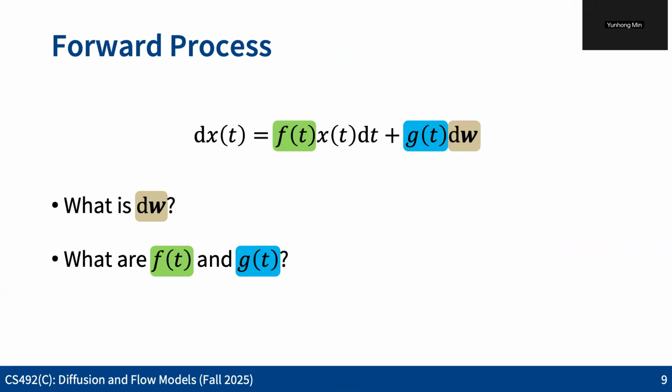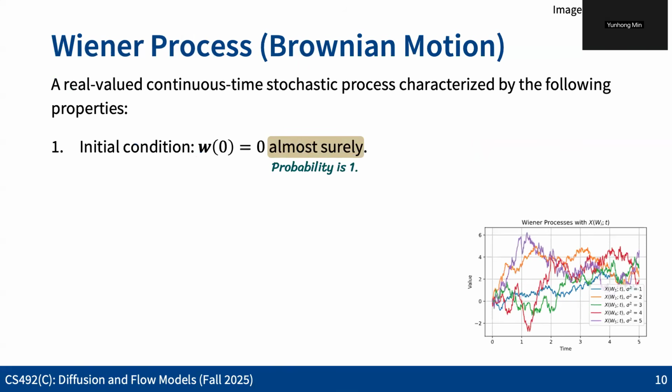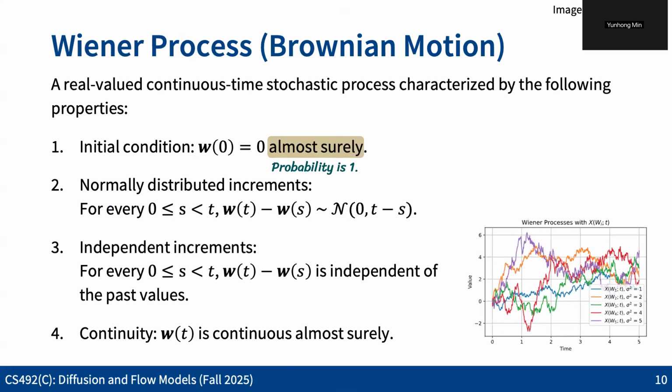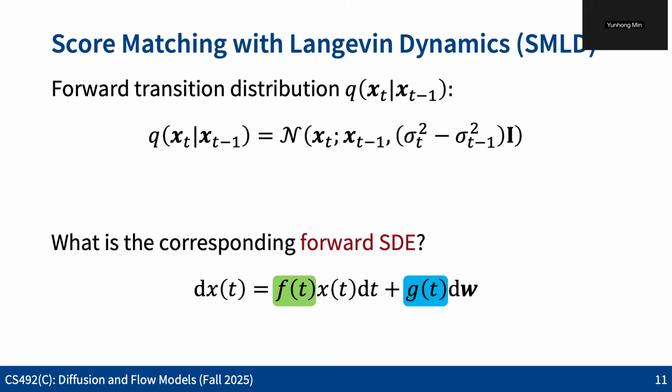So that's the meaning of the default process. Based on that, what I'm going to briefly go over is, for each of the cases of SMLD and DDPM, what the corresponding default SDE will be. So from this formulation, can you guess what the corresponding FT term and GT term will be? Any guess?